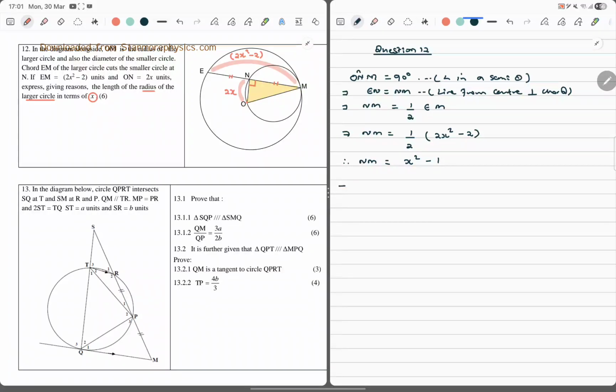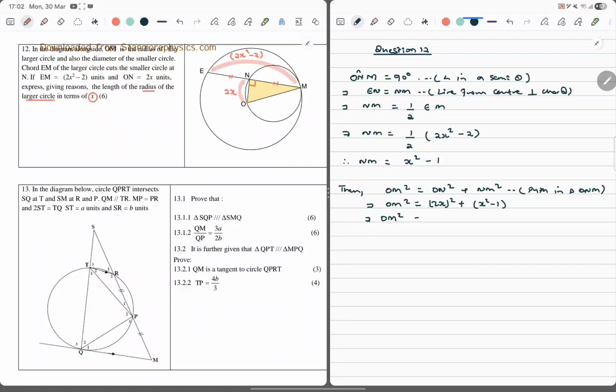We can say then, we know that OM squared is going to be ON squared plus NM squared. This is Pythagoras in triangle ONM. Right, so we go on. OM squared is going to be ON, this is 2x squared plus, this becomes x squared minus 1 squared.